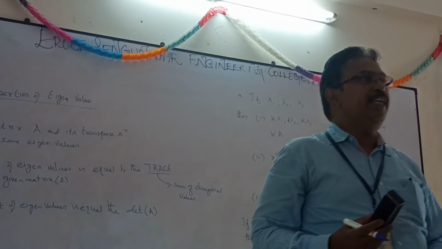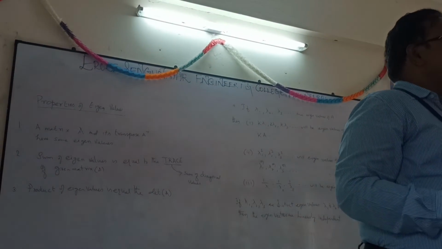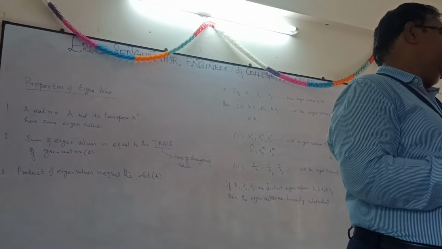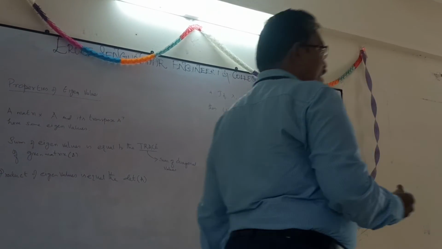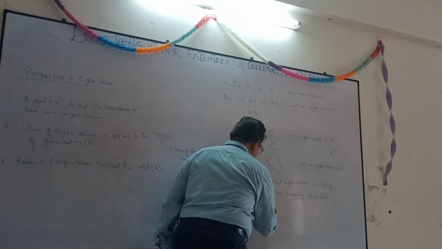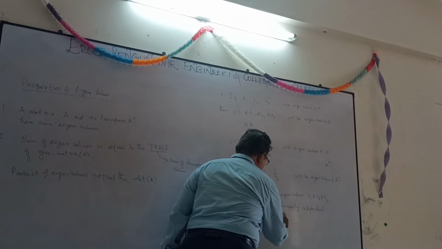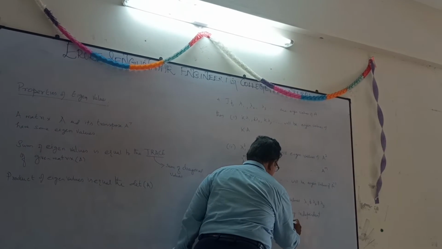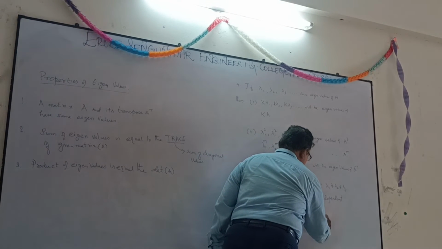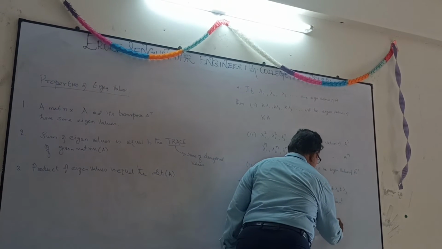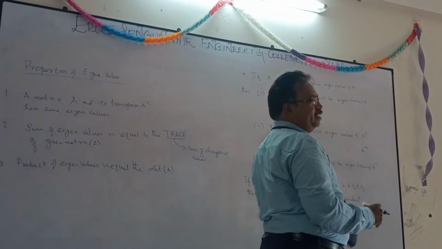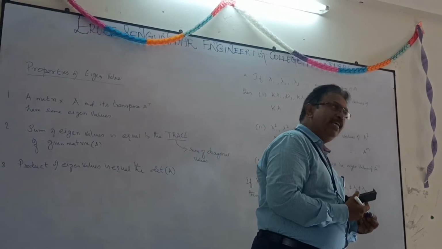What is linearly independent? x1, x2, x3 are eigenvectors, and if the relation k1 x1 plus k2 x2 plus k3 x3 is equal to 0 holds only when the constants are zero, we say they are linearly independent.